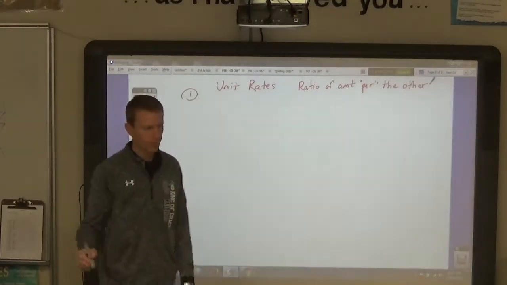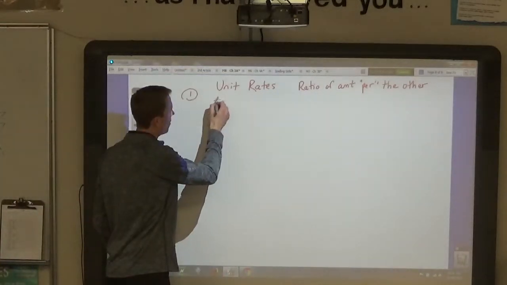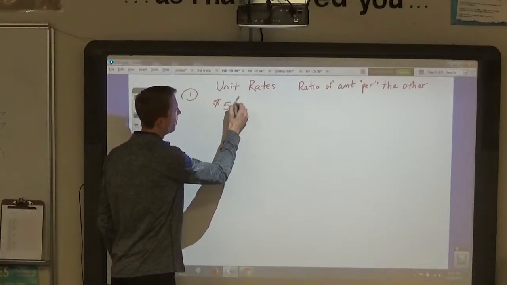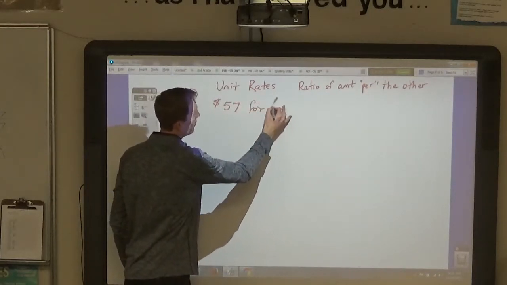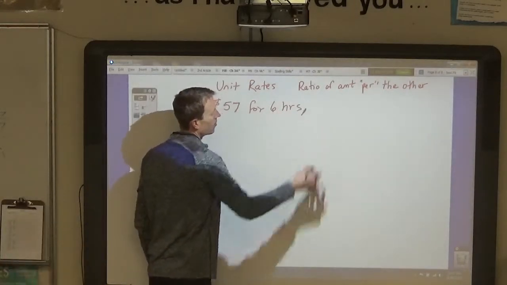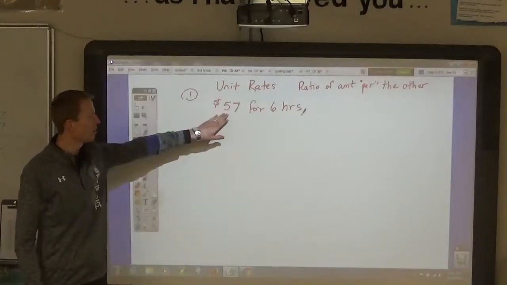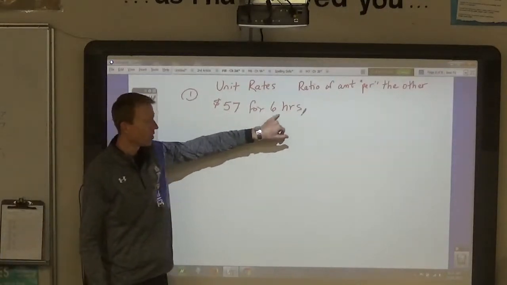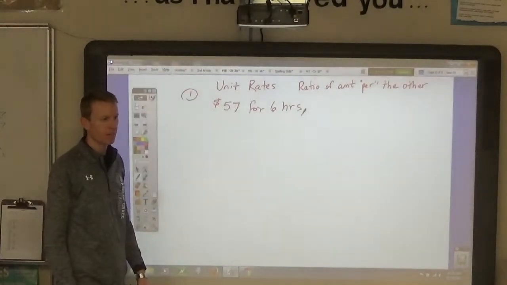Okay. So on page 145, if you're given $57 for 6 hours, what is the unit rate? In other words, the amount per hour. Do you know how we do that?